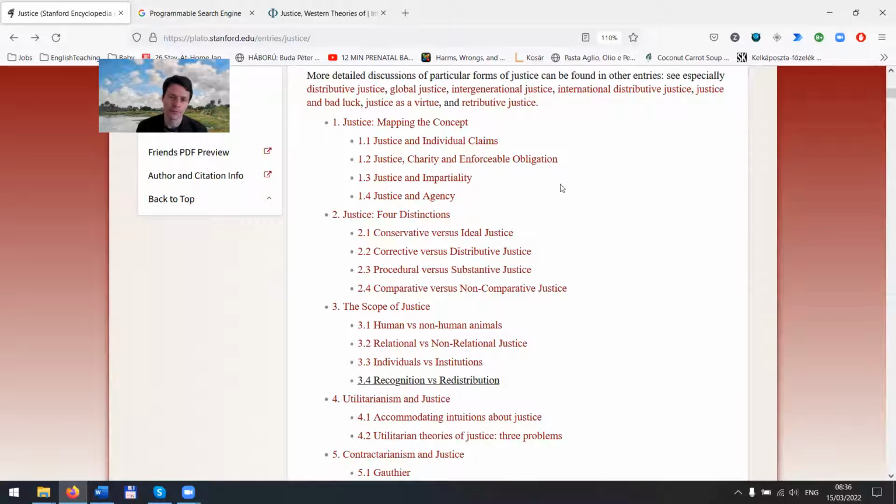I think this is very useful for professional philosophers, and if you're a philosophy student at, say, a little bit more advanced BA or MA or PhD level, definitely this is one of the most important sections of the article. The rest is something that you should be able to figure out if you read good source works.